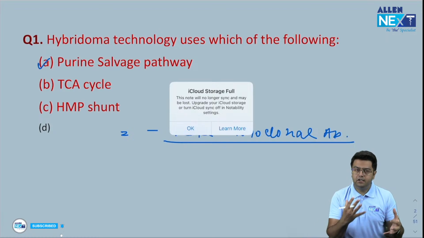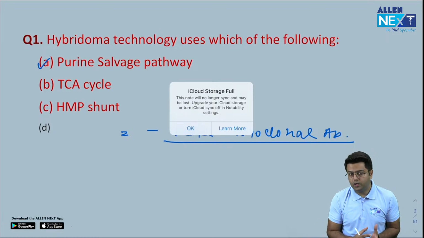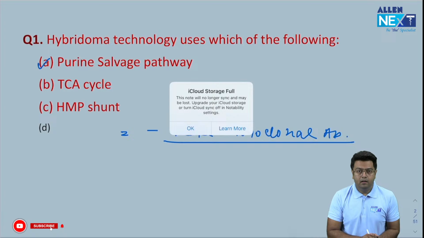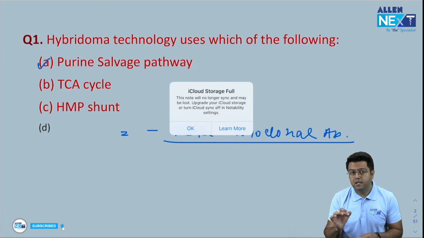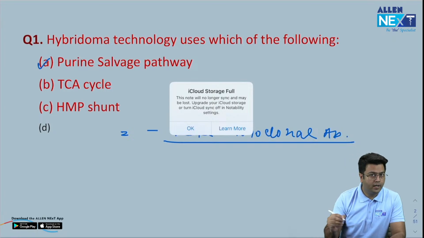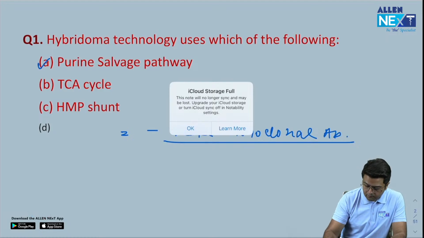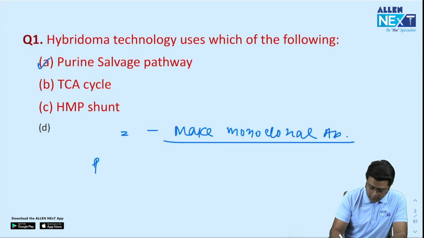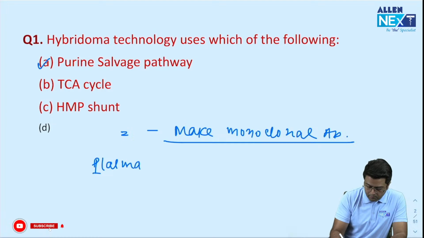If we take that plasma cell out and culture it, we can make this monoclonal antibody at mass scale. But the problem is that the plasma cell has a very short half-life.